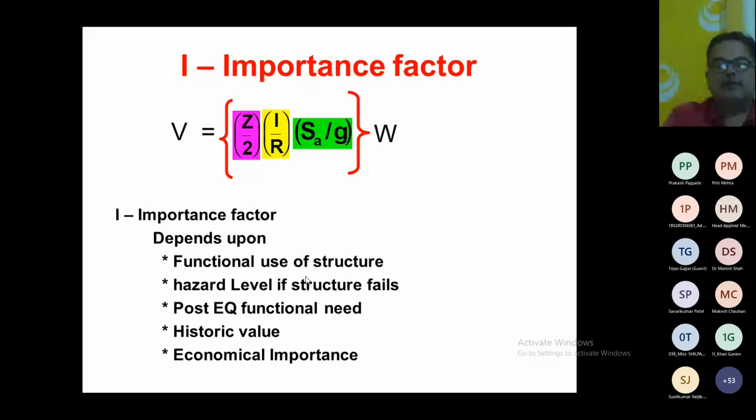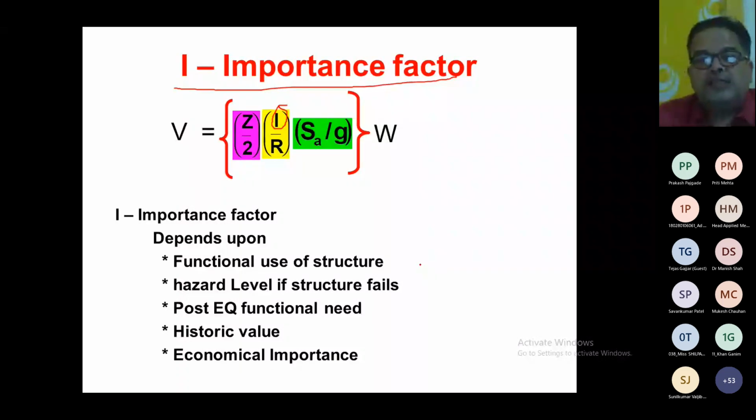Now the second factor: we have Z by 2, then I by R, right? What is I? I is the importance factor. This importance factor depends on the functional use of the structure, the hazard level if the structure fails, the post-earthquake functional need, historical value, and economic importance. For example, take the hospital building.